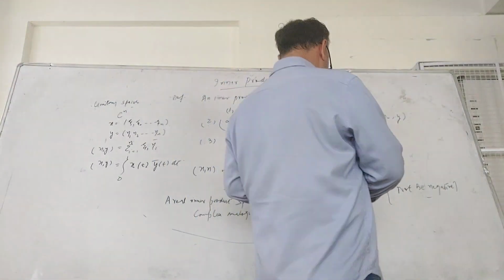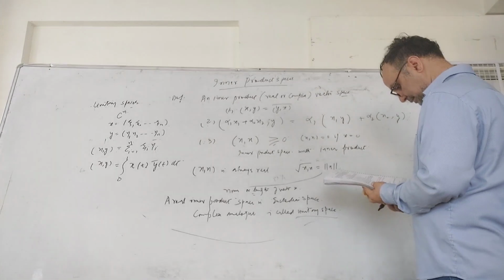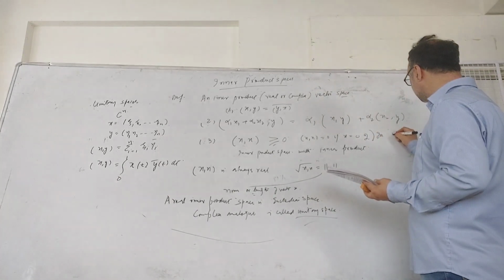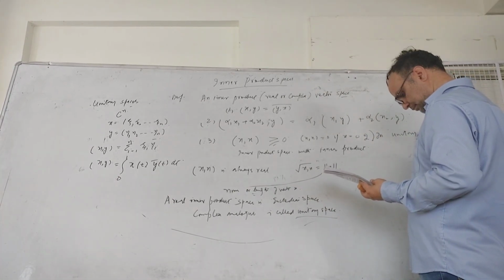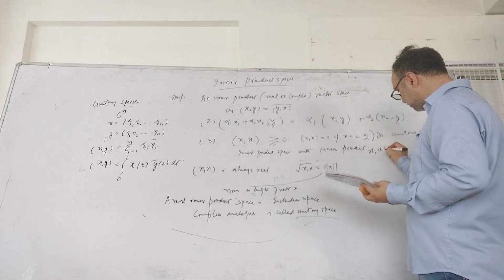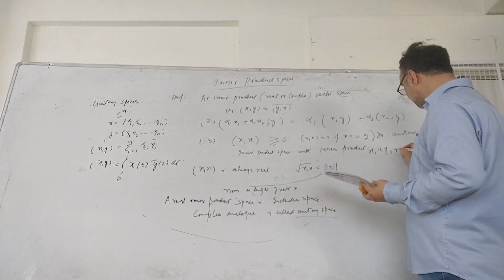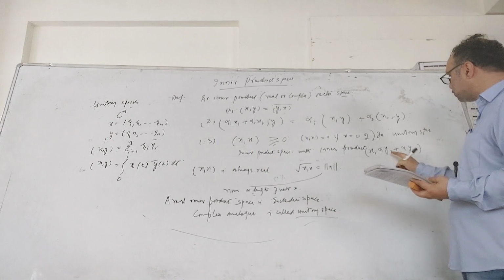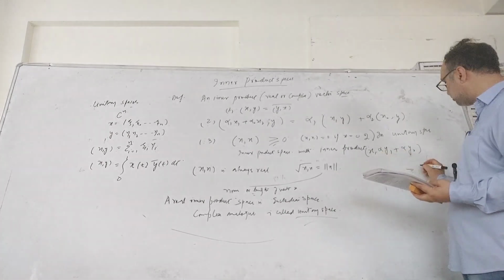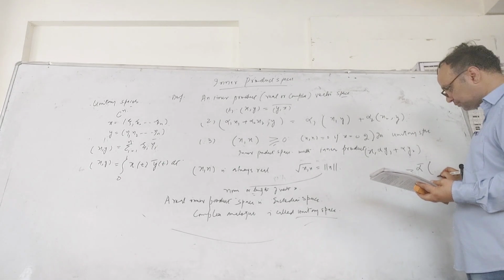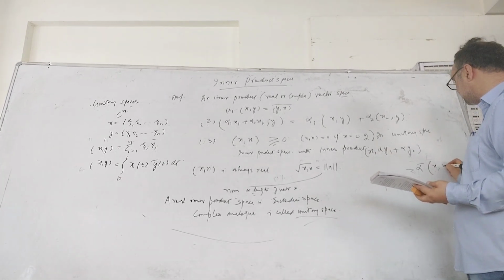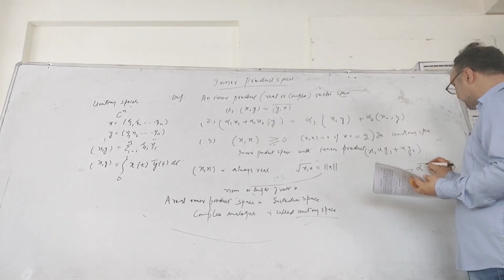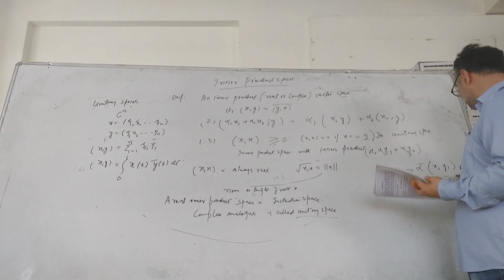In a unitary space, the inner product of x with alpha 1 y1 plus alpha 2 y2 is alpha 1 bar times x y1 plus alpha 2 bar times x y2.